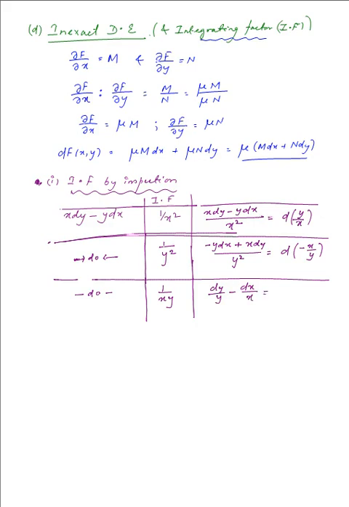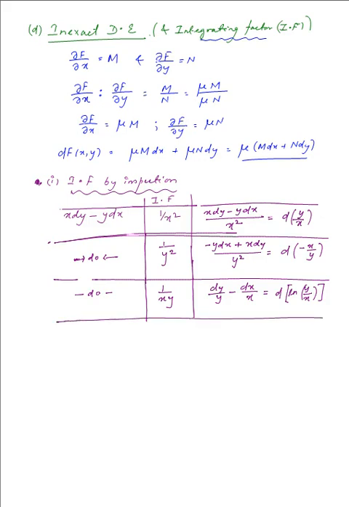Now integration would obviously give me the logarithmic form, so that is why we have d of the logarithm of y by x, because x is negative, so it's going to be in the denominator. The derivative of ln of y by x is what we are going to get.